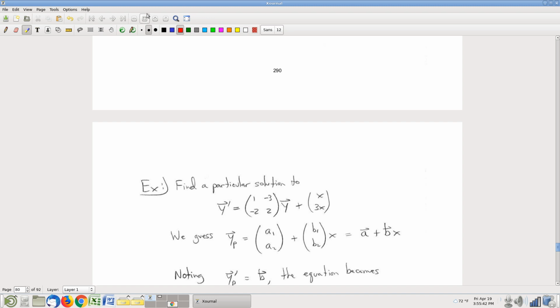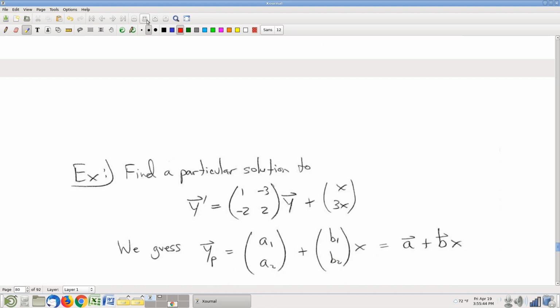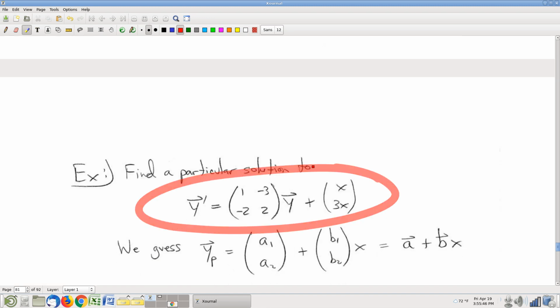Let's solve that same differential equation again. Here it is. This time, I'm going to approach this differential equation roughly 4.3 style. Back in section 4.3, what did we do?